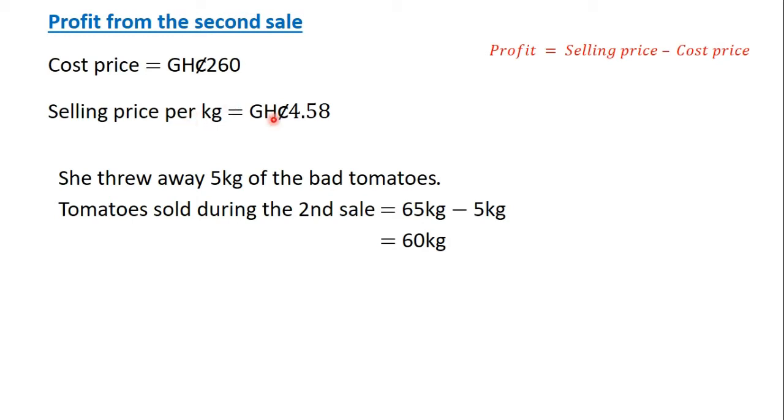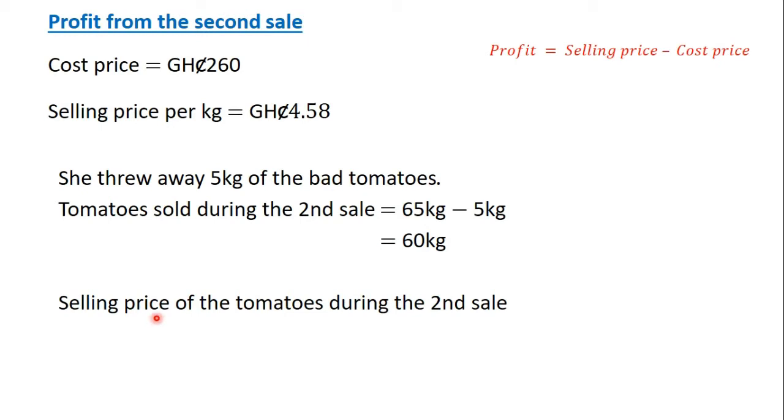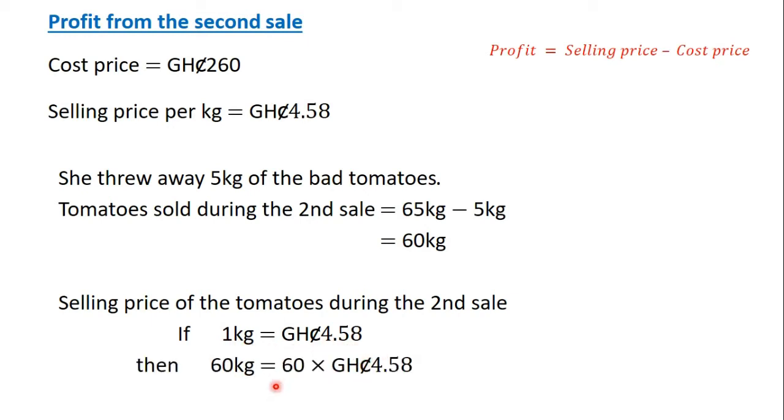We have the selling price per kilogram. This means that 1 kilogram of tomatoes was sold at 4.58 Ghana cedis, or 4 Ghana cedis 58 pesos. And she sold 60 kilograms. So if 1 kilogram was sold at 4 Ghana cedis 58 pesos, then the 60 kilograms was sold at 60 times 4 Ghana cedis 58 pesos.